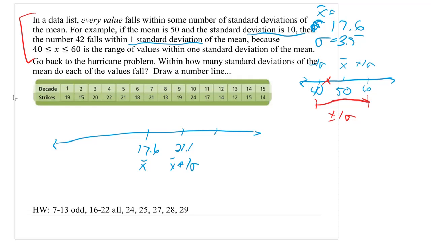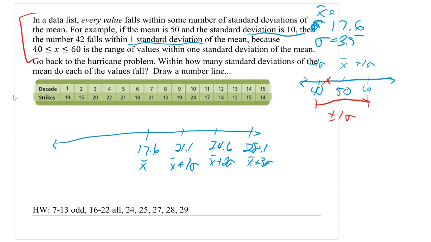I do it again. I add 3.5 to 21.1, and I get 24.6. So that is the mean plus 2 standard deviations. And I'll do it one more time. If I add 3.5 to 24.6, I get 28.1. And that is the mean plus 3 standard deviations.